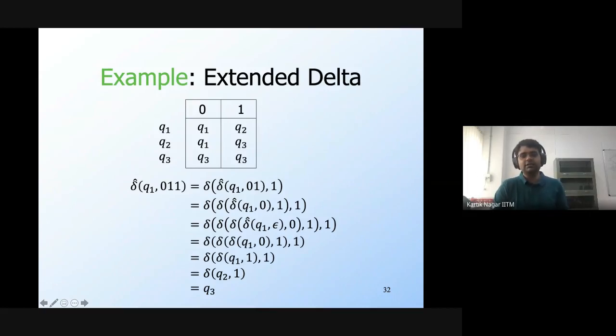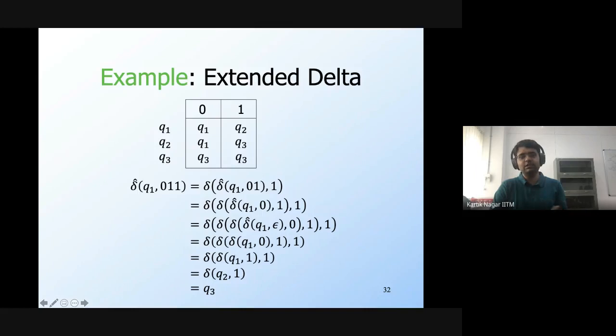You simply apply the recursive definition of delta hat. You designate the prefix and the suffix.